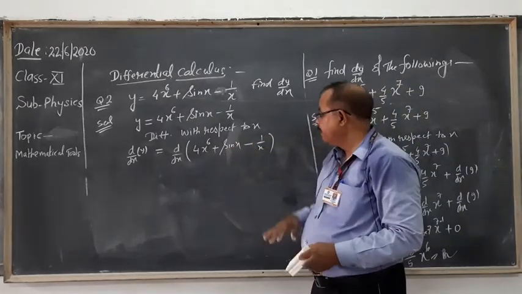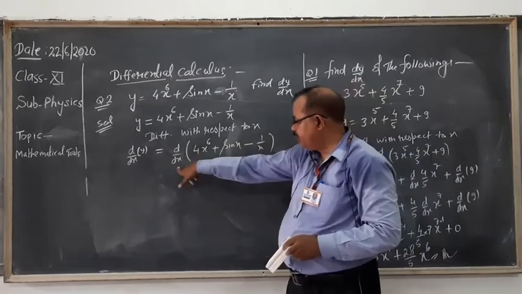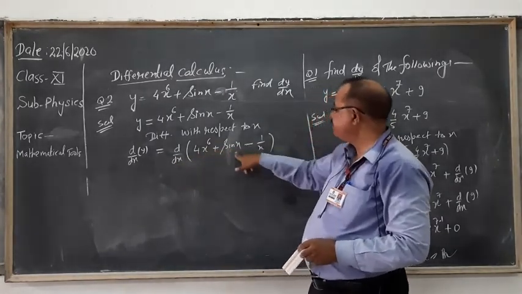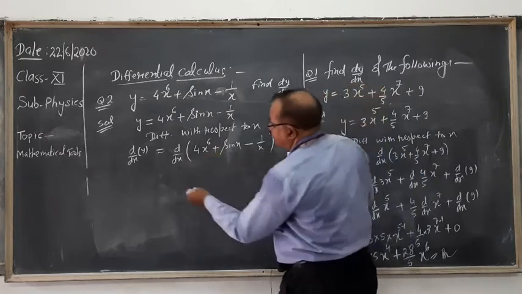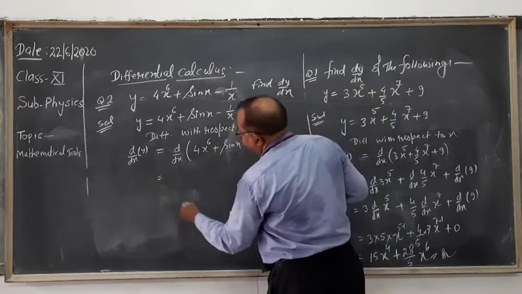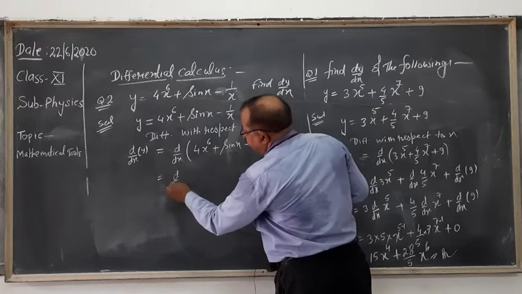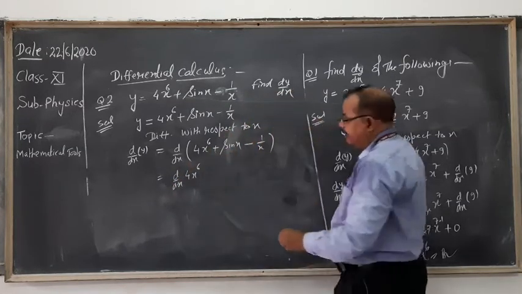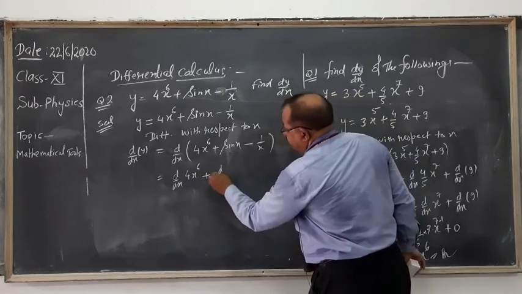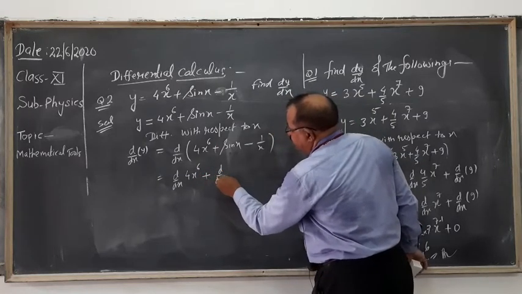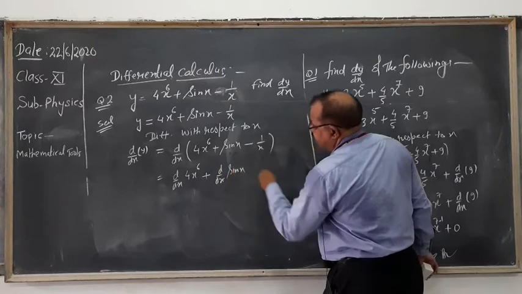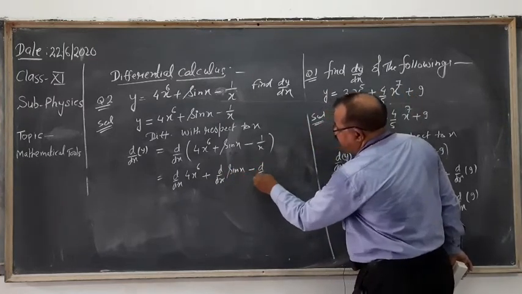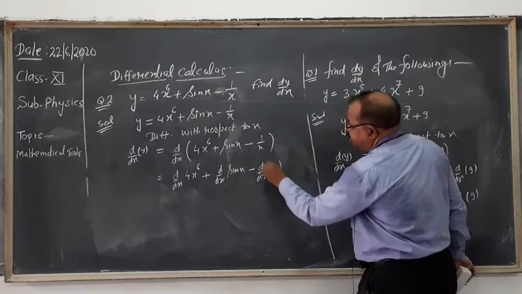Okay. Now, this d upon dx will distribute in all these three terms. So, the first term will be d upon dx of 4x to the power 6, and second term d upon dx of sin x, and third d upon dx of 1 upon x.